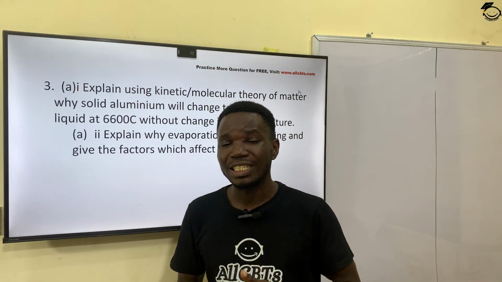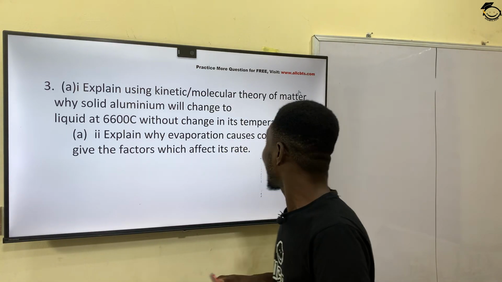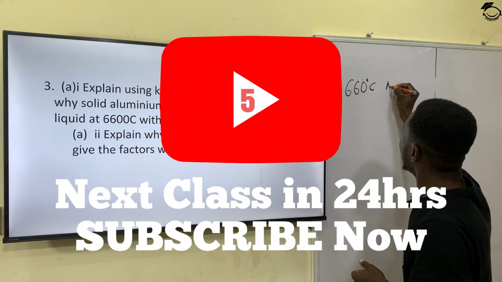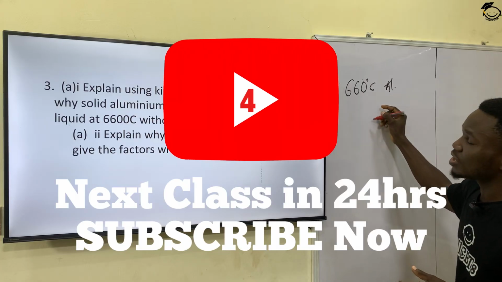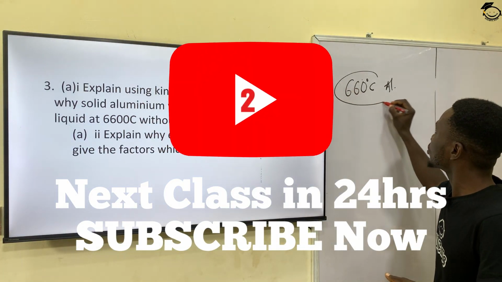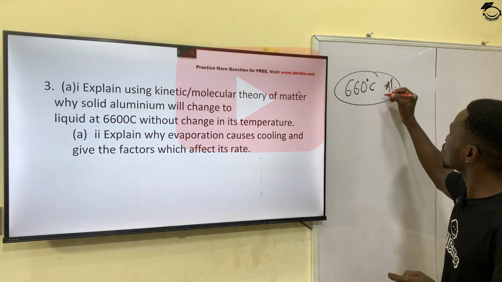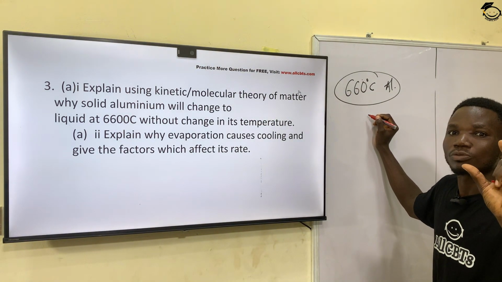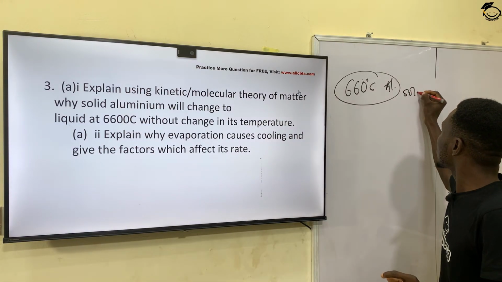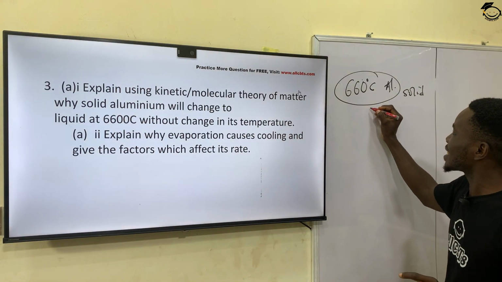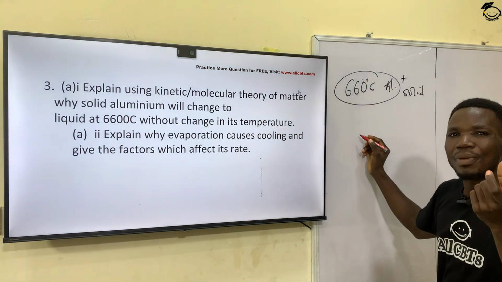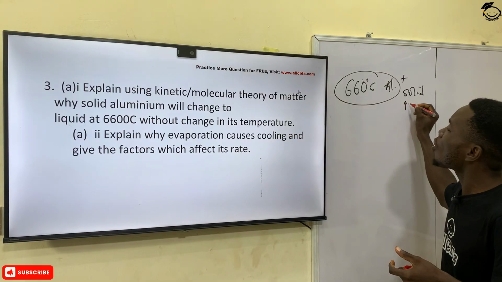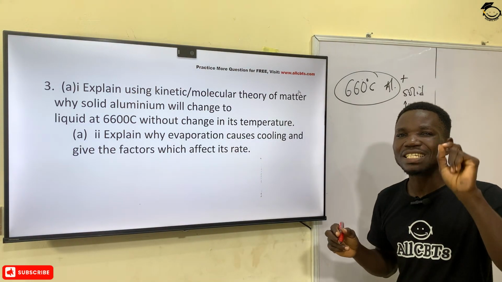Since it's following the kinetic theory principle, it simply means that at 660 degrees Celsius, aluminium has reached the highest amount of heat that it can contain at solid state. At that point, any additional heat that is added to it is just to melt the particles of that aluminium, and it will only increase in temperature when the aluminium is completely melted.